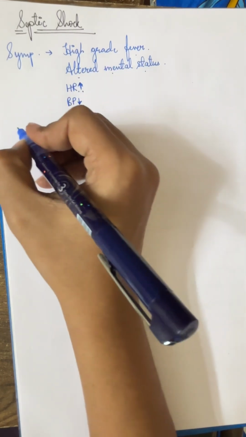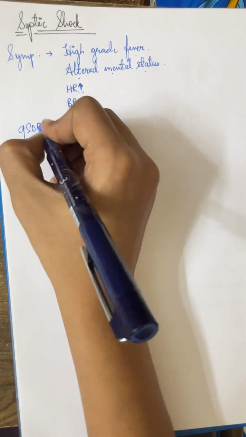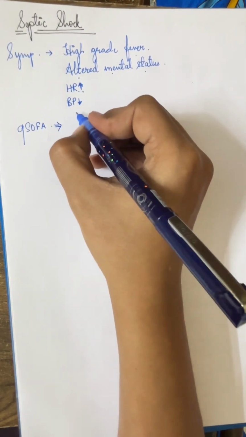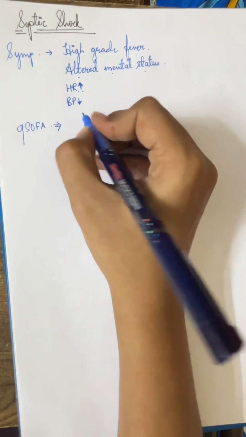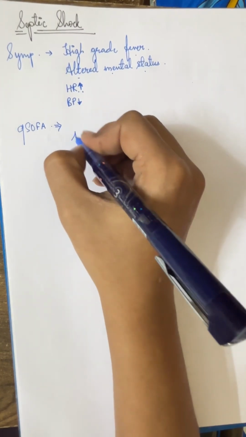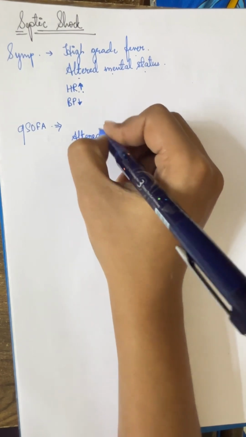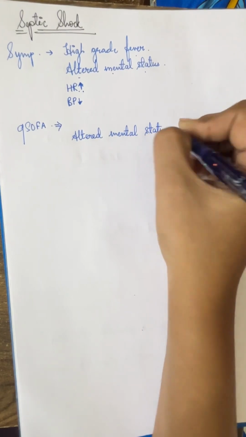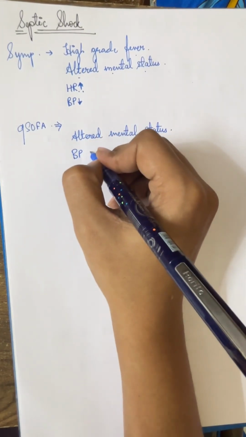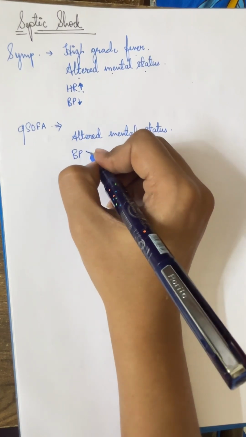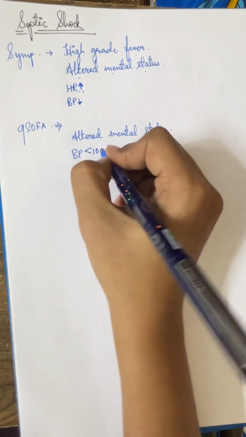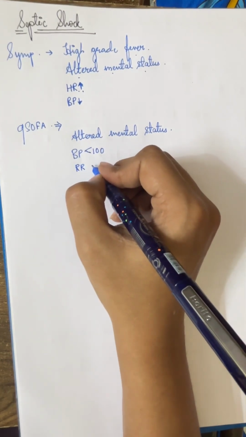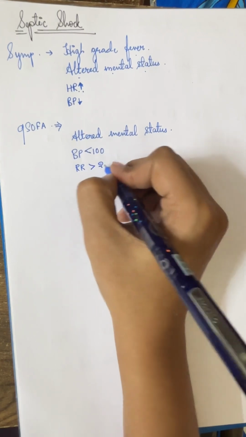Now there is a scoring system called Q-SOFA for septic shock, and it is used to assess the prognostic outcome, and that includes altered mental status, BP less than 100, and respiration rate, if it's tachypneic, if RR is more than 22.